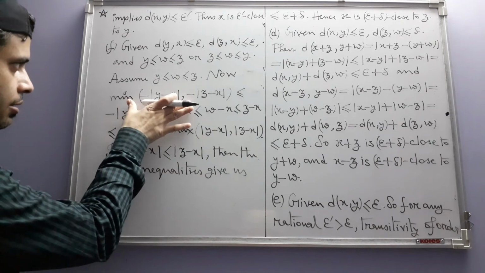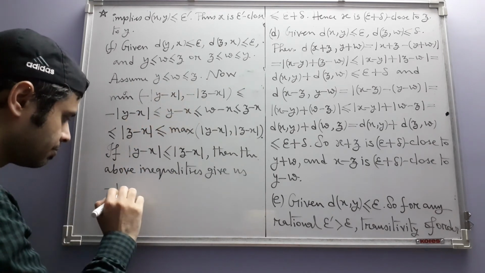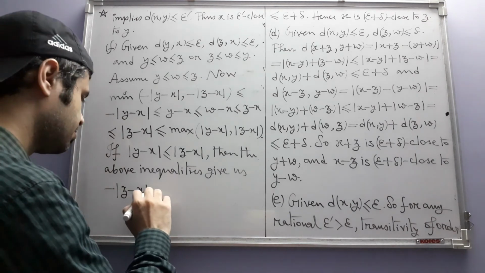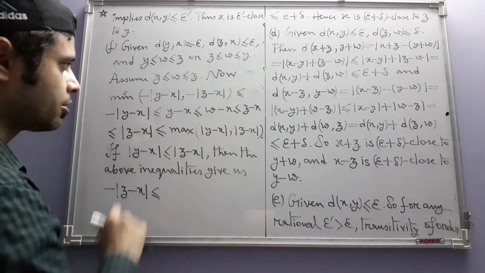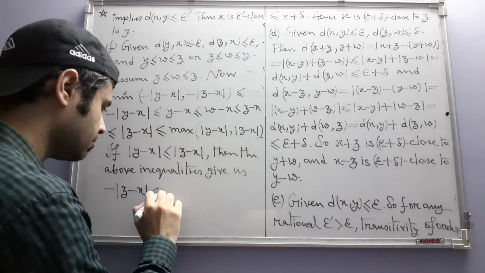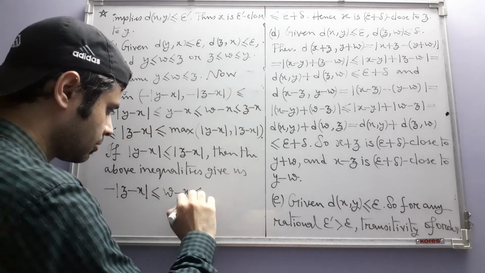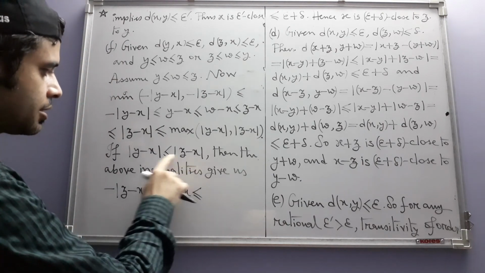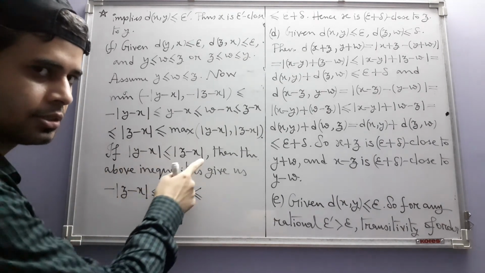That means in this place we will have minus of this, that is less than or equal to, we ignore the intermediate terms and we concentrate only on this one, w minus x, which is less than or equal to, this one is the maximum, I mean the bigger one, either they are equal or this is greater.